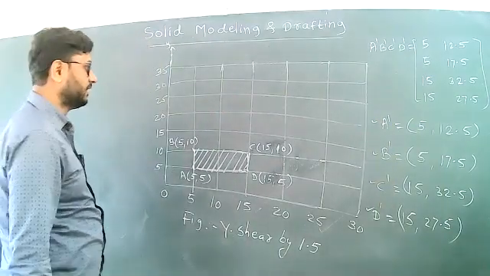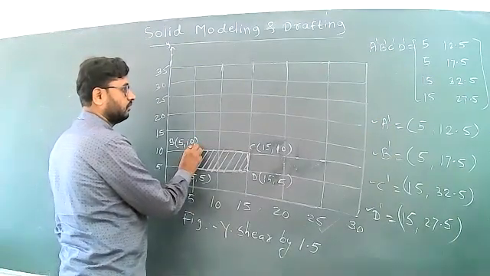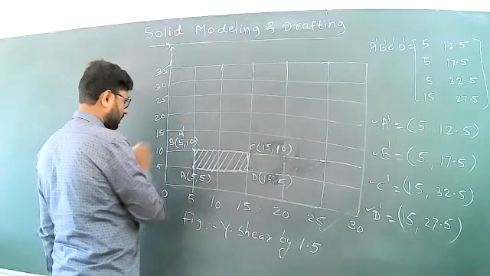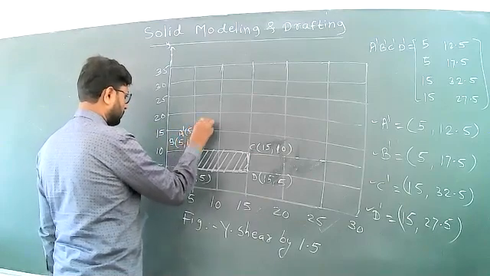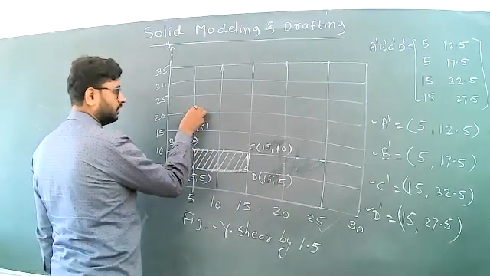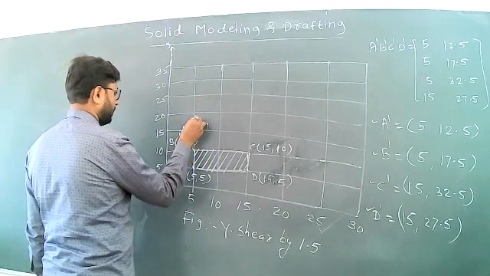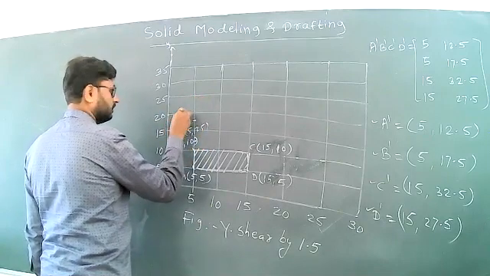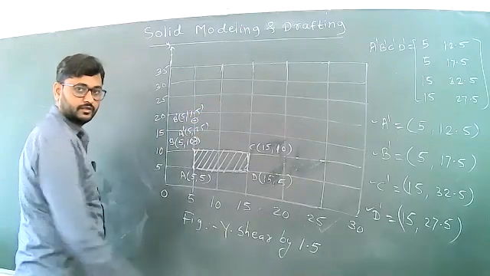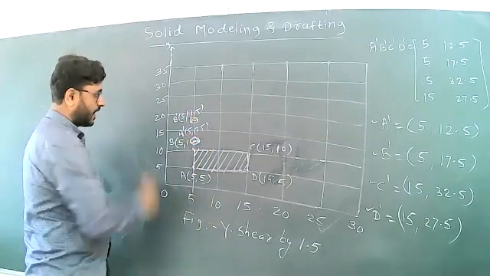Now plot these new coordinates of the transformed rectangle. A dash: x is 5 and y is 12.5, somewhere in the middle here. B dash: x is 5 and y is 17.5.